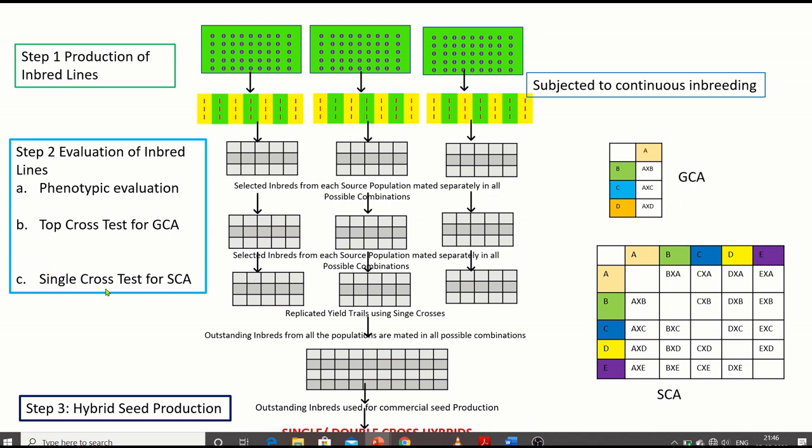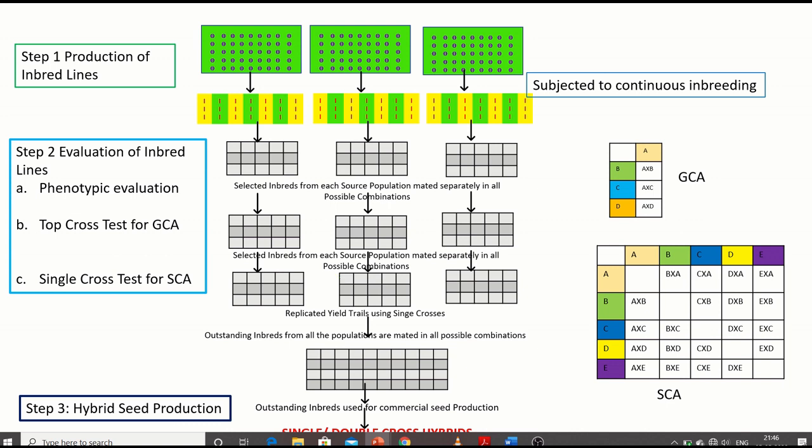And the next thing is single cross test, specific combining ability. For specific combining ability, if the general combining ability for A is high and B is also high, we have to go for the SCA test for B cross A and A cross B. Performance based on A cross B and B cross A will determine the specific combining ability.